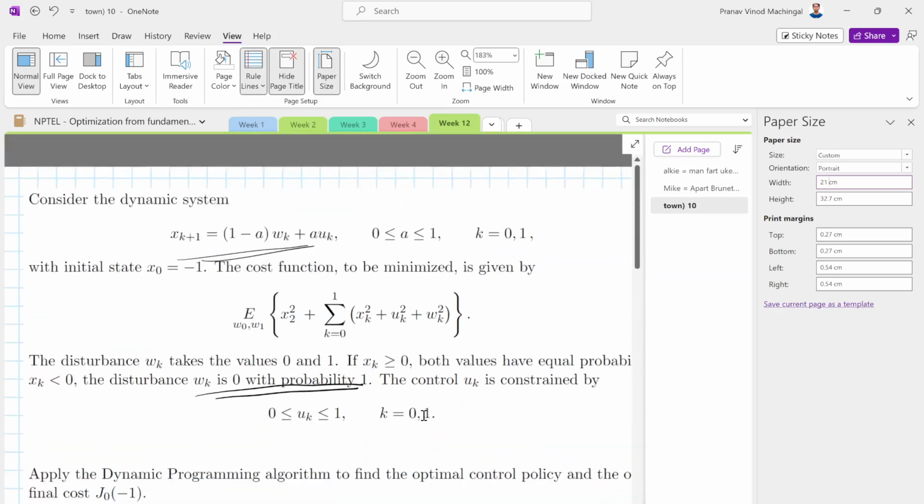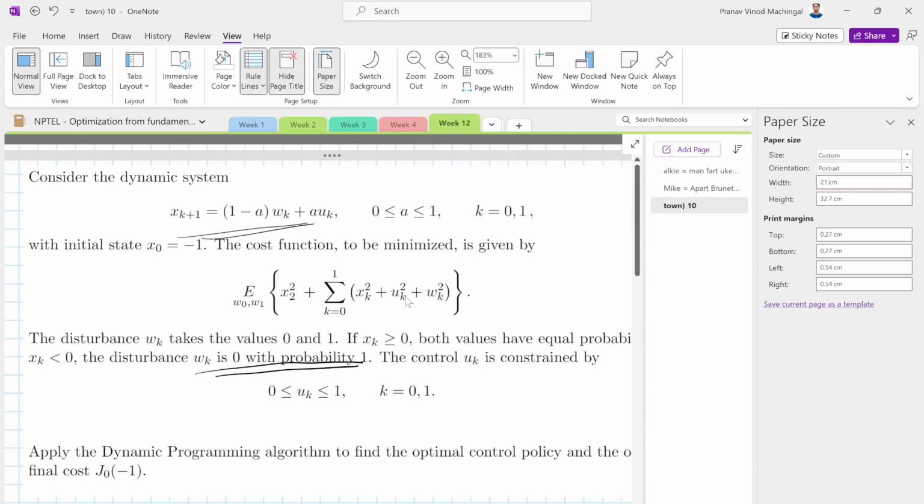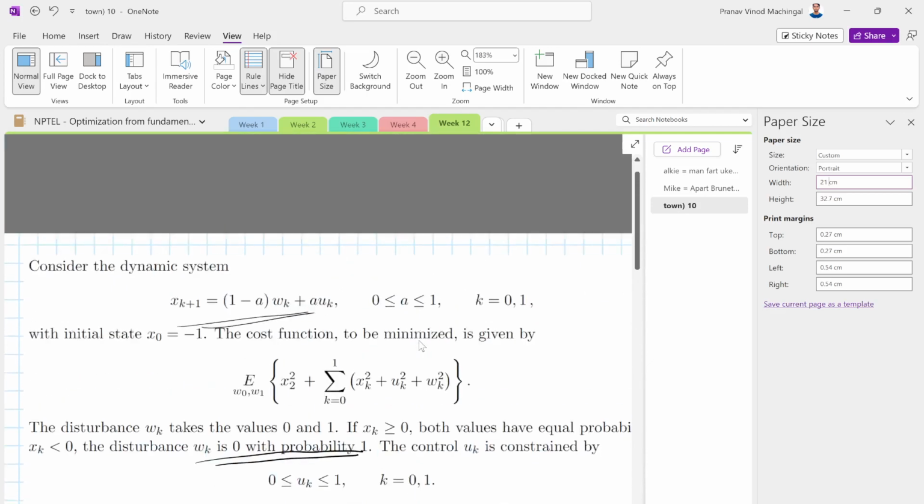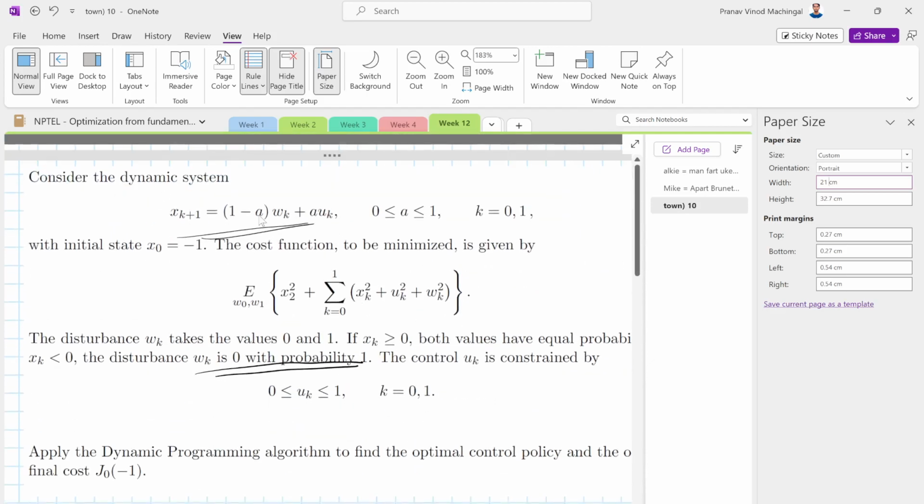W for k equal to 1 need not be 0, right? And it depends on this a also. Like x_{k+1} has dependence on a.